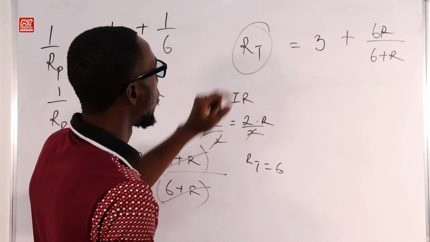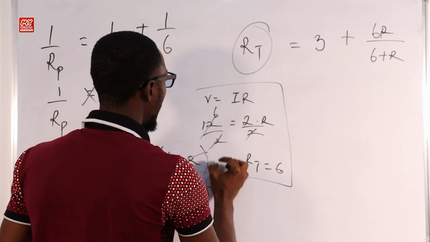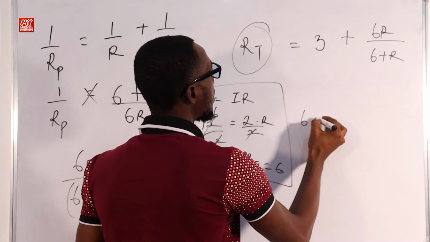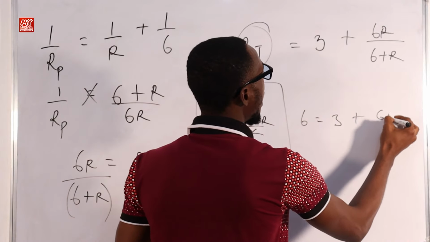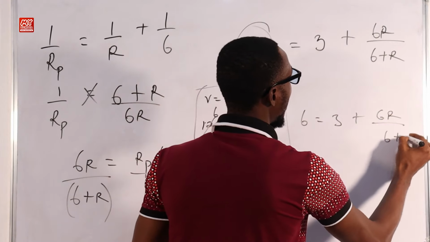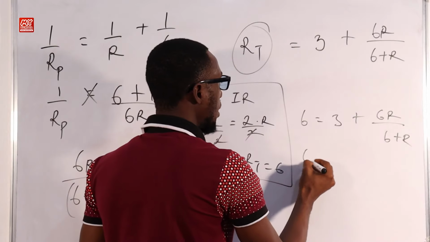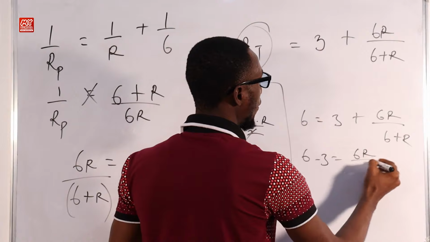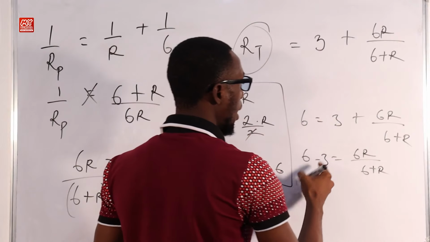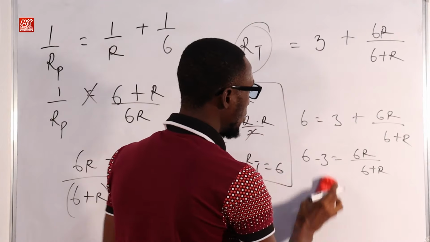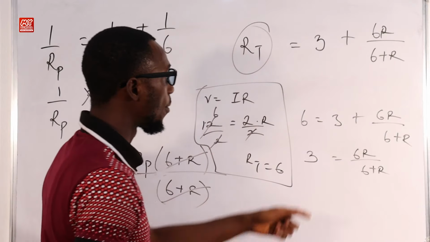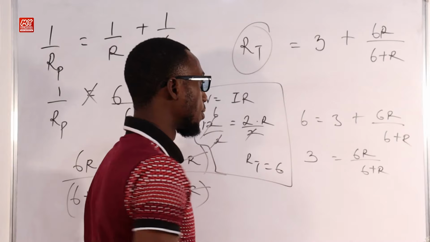So what do we do here? We replace this R total with 6. So that will be 6 equals 3 plus 6R over 6 plus R. Let's collect like terms. We have 6 minus 3 equals 6R over 6 plus R. So we have 3 equals 6R over 6 plus R. What do we do?